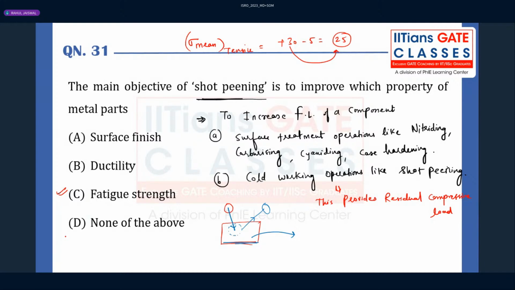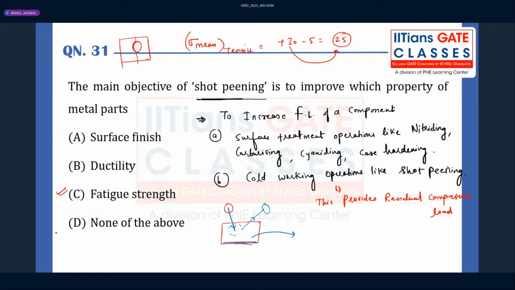In a ductile material, you keep on applying tensile load, it will fail, that is a static failure. In case of fatigue failure, you keep on applying too much dynamic load. Let's say we have a hole in a component, then a crack will appear and the material will break at that particular point. That is a fatigue failure, and it will happen much earlier than the static failure, right?